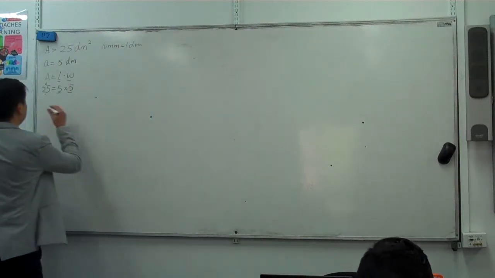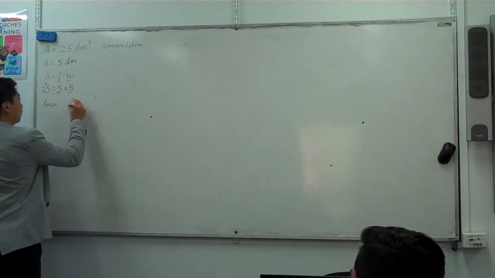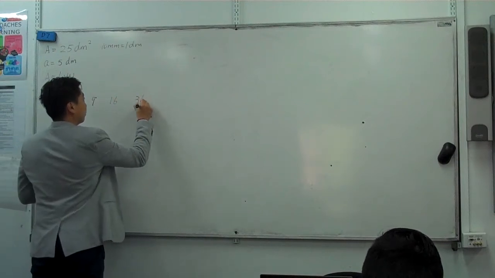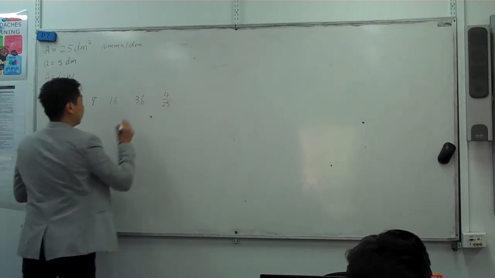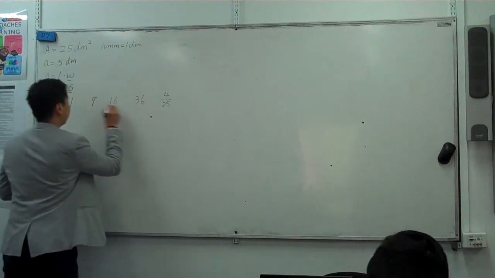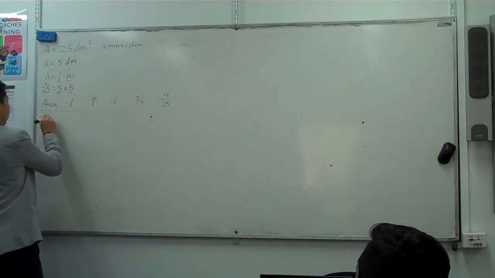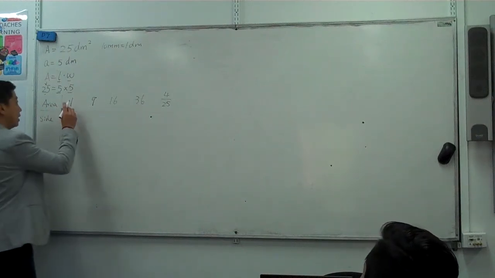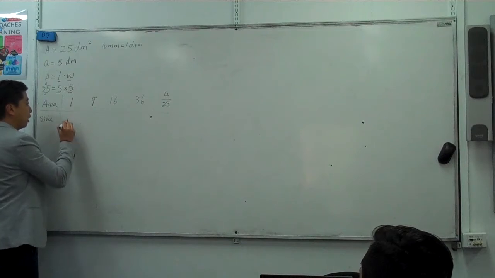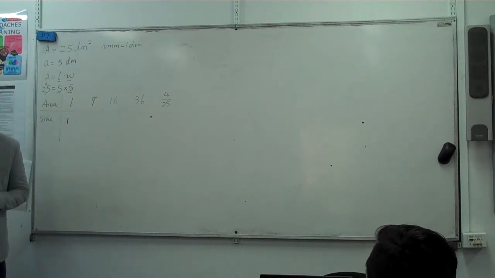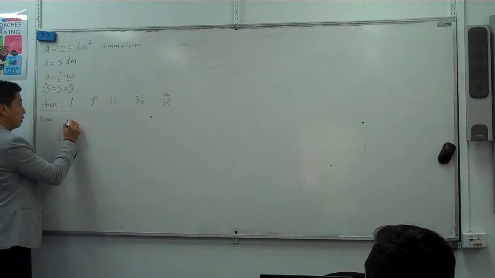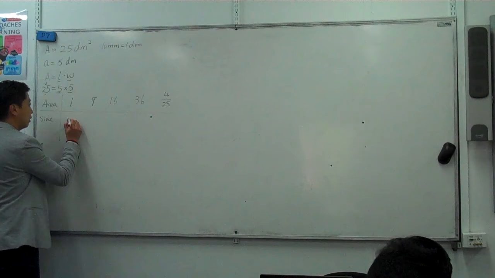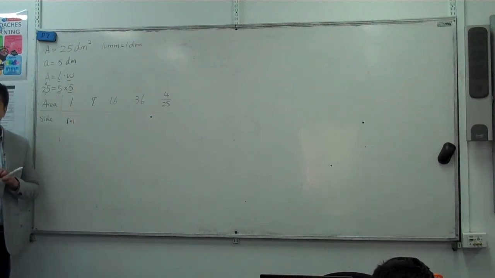Okay, just now we said the area is 1, the side is 1. The reason is 1 times 1. It's because 1 times 1 is the area.